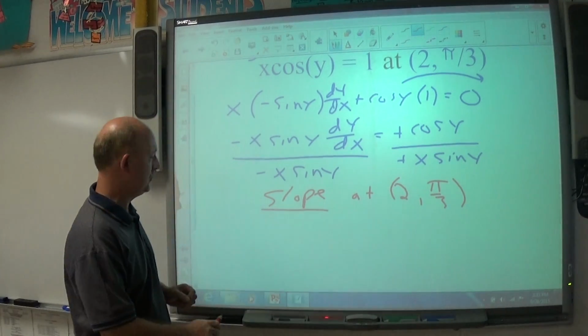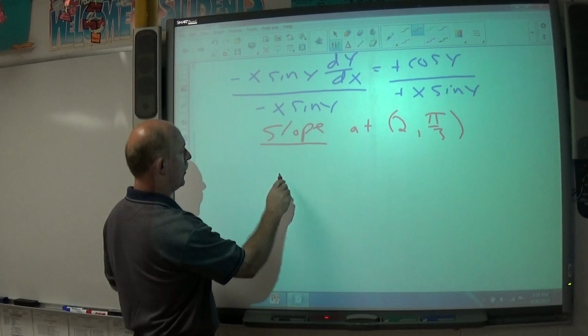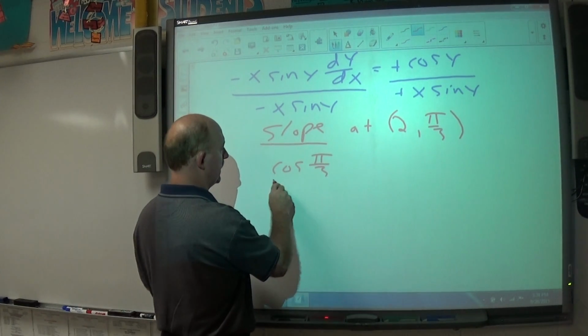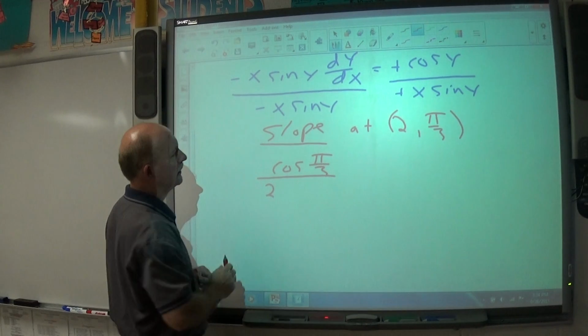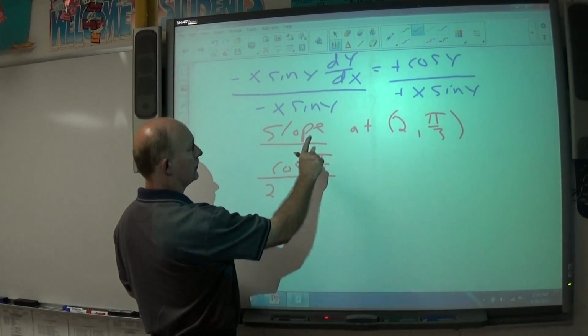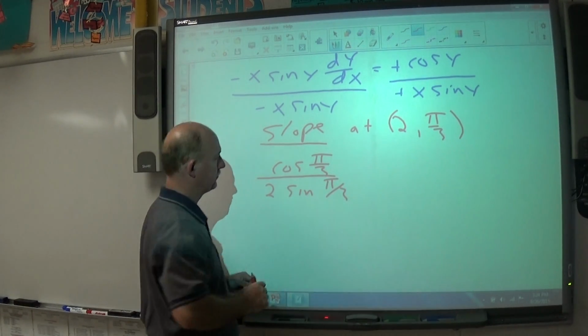All right, let's see what we get for our slope. This is cosine y, so this will be cosine pi over 3 divided by x, which is 2, times sine y, which is sine pi over 3.